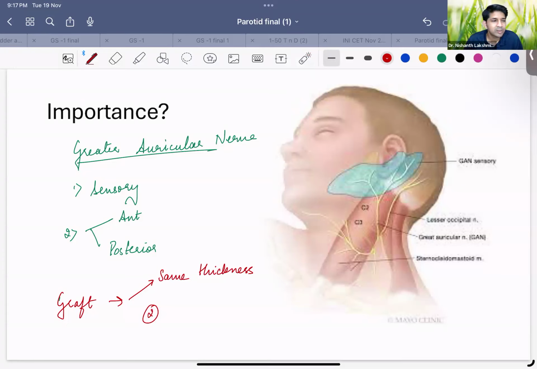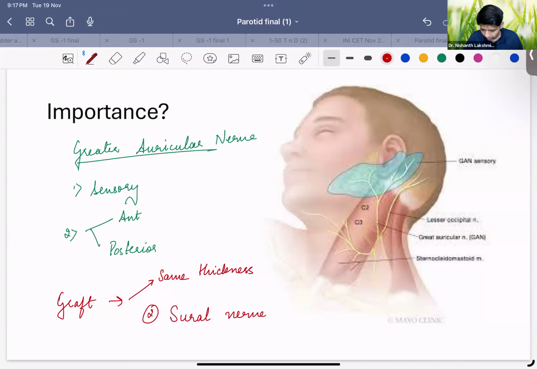Can you tell me another nerve which can be used as a graft for the facial nerve, which can be sacrificed? Yeah, sural nerve is the answer. Okay, sural nerve has slightly bigger thickness, but again, that is a nerve that can be sacrificed, which is easily identified and can be easily harvested.